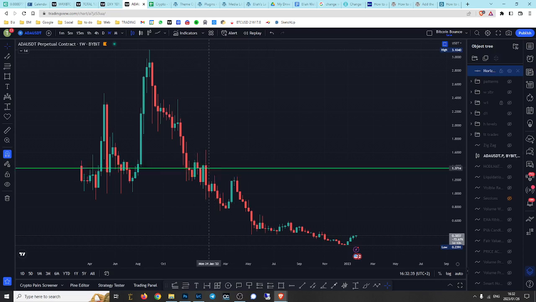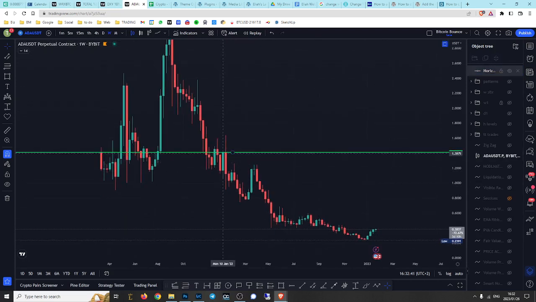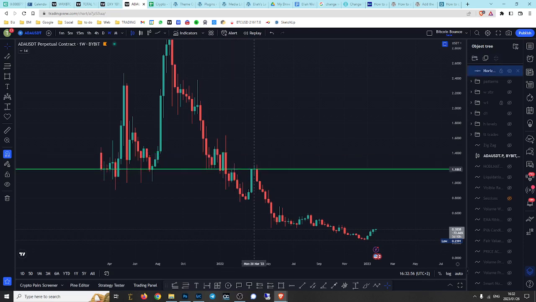What was also quite important is to get an open and a close on the same horizontal line. That was a fairly strong area where price got to that level and then bounced back in the opposite direction. So those were the lines that I was using.